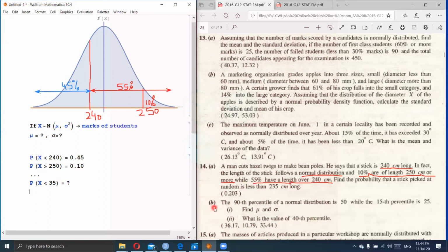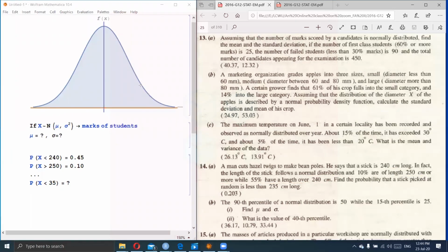And the B part is a straightforward question. The 90th percentile of the normal distribution is 50. So using the figure, the 90th percentile is definitely on the right side. Here is the 90th percentile, and the area below this point is 90%.